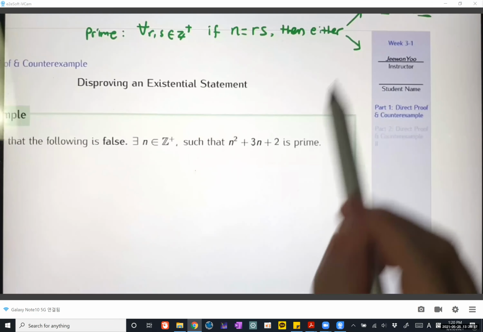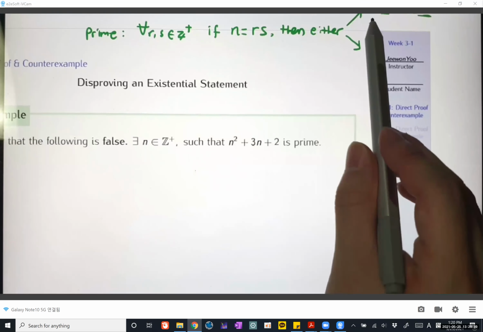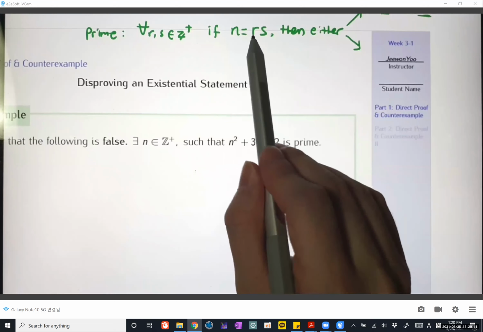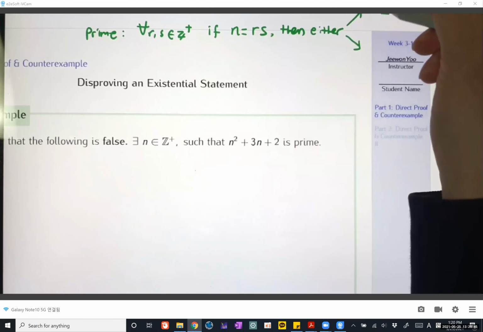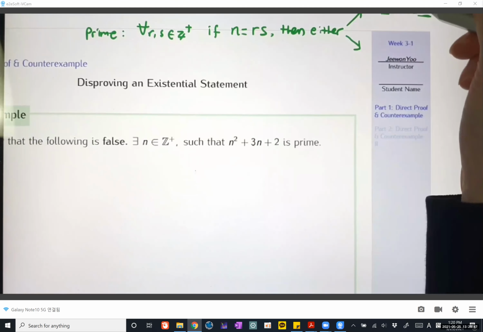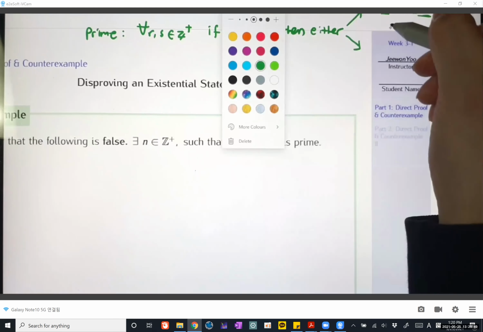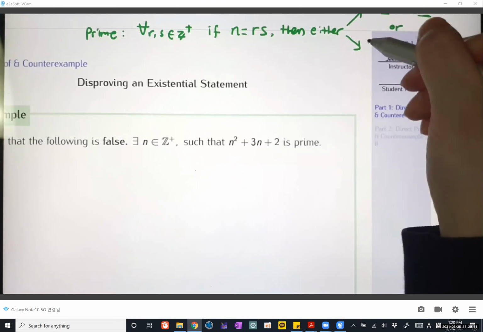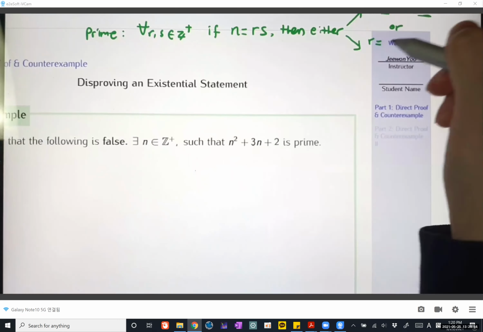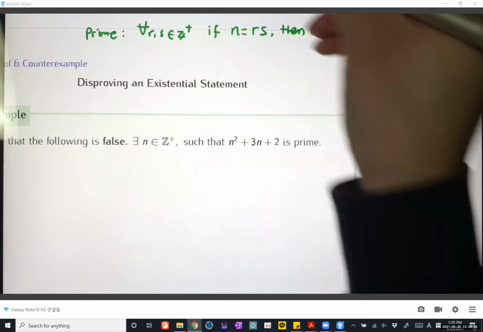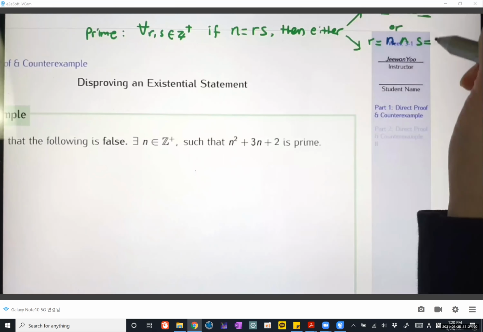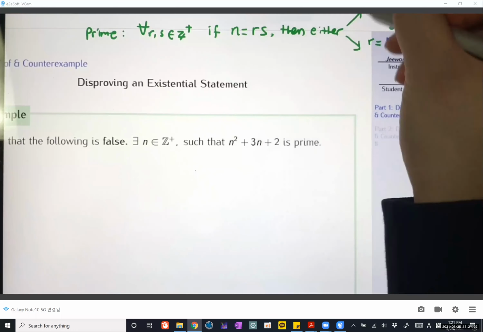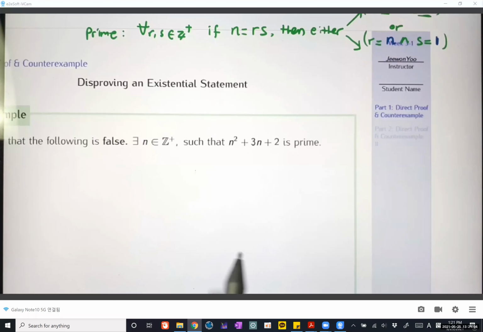Okay, so one of the possibilities is that r equal to 1 and s is equal to n, or r equal to n and s is equal to 1. So only the two possibilities when we talk about prime numbers, right?